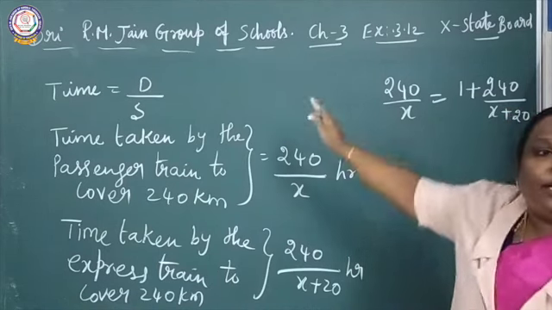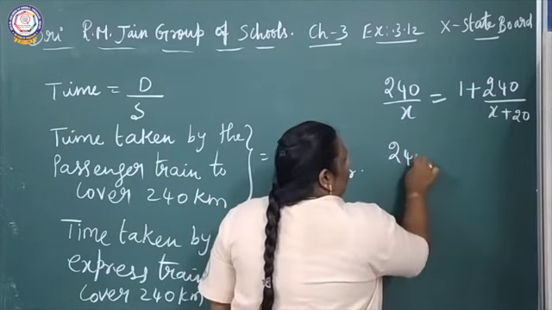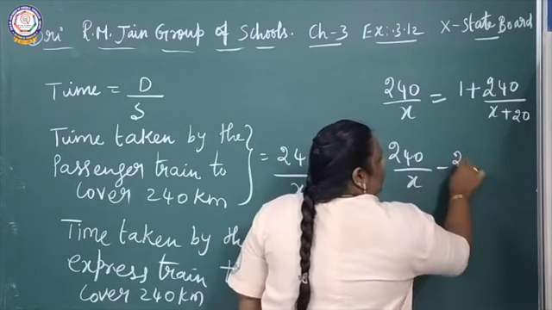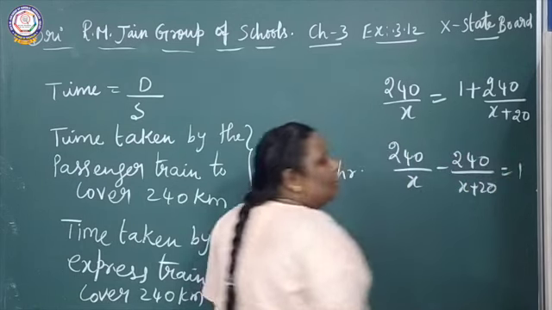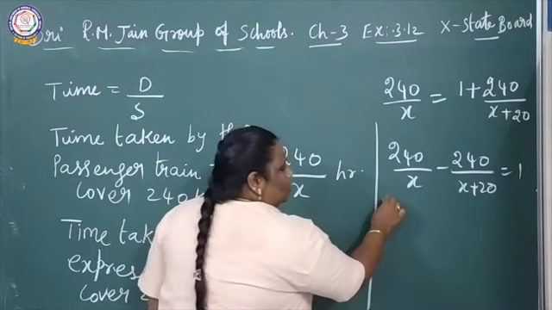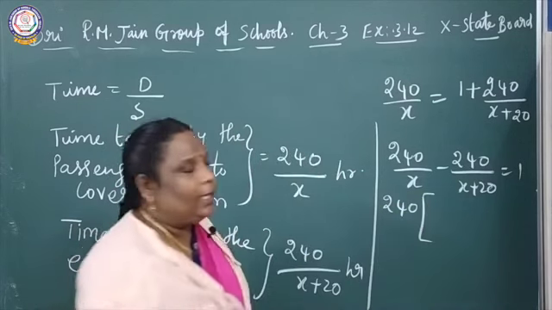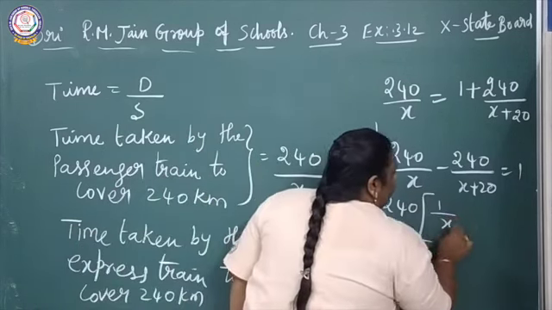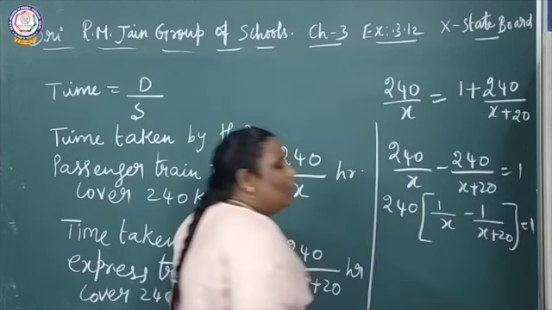So you can bring it to this side. See here, 240 by x minus 240 by x plus 20 equal to 1. You can take 240 commonly out: 240 into (1 by x minus 1 by x plus 20) equal to 1.